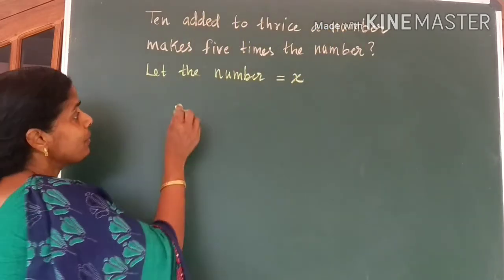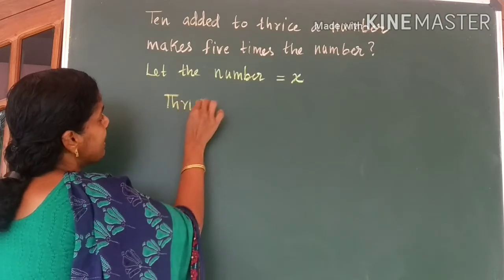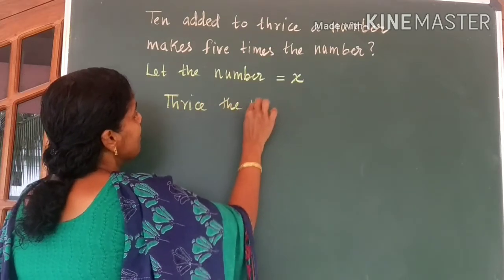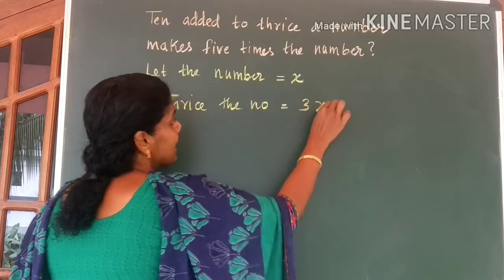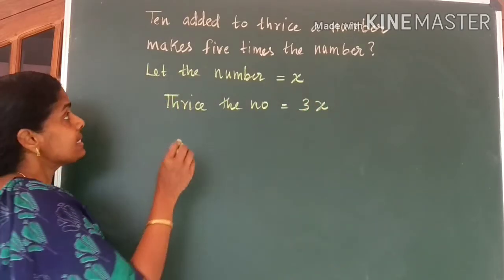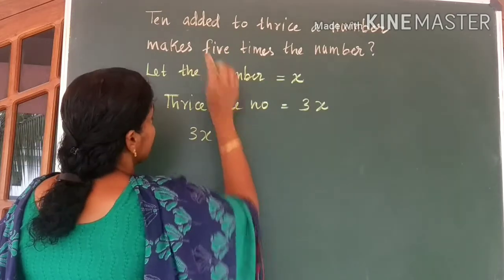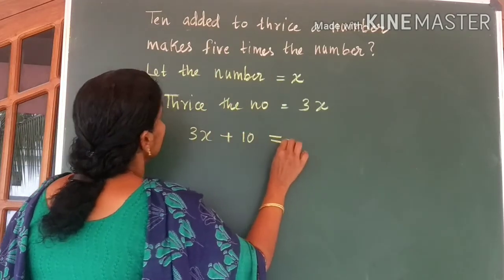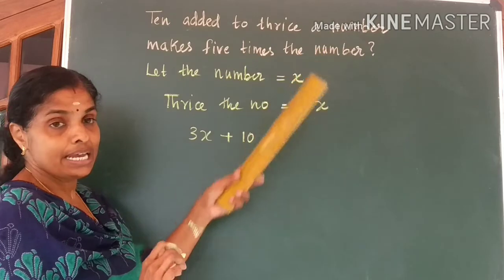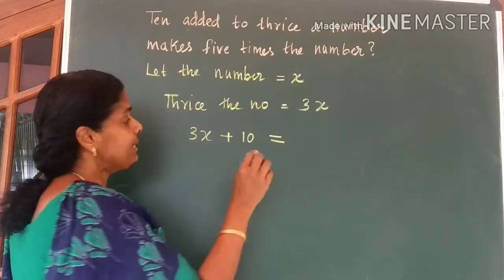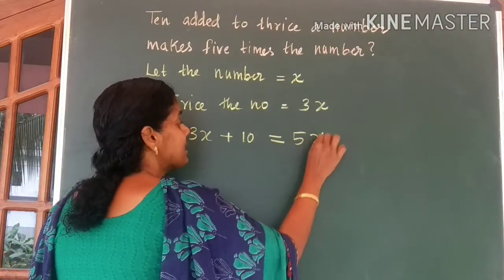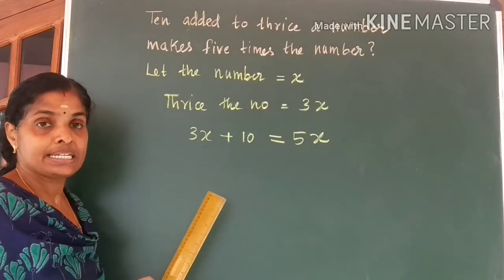So we have to write thrice the number. What is thrice the number? You get 3x. So what is our next step? 3x added to 10 gives you 5 times the number. How do you write 5 times the number? 5x.